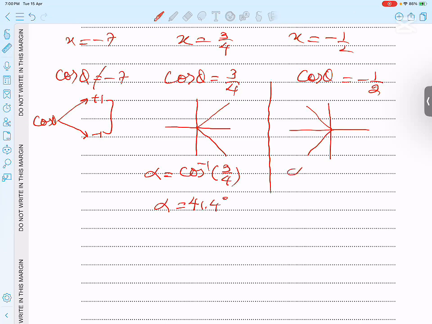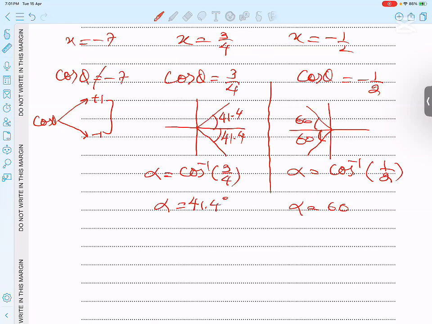And whereas this cos inverse of, no need to take the negative, just take positive. And this gives us cos inverse of 1/2, sorry, I got 60 degree. So 60 here, 60 here. And 41.4 here, 41.4 here.